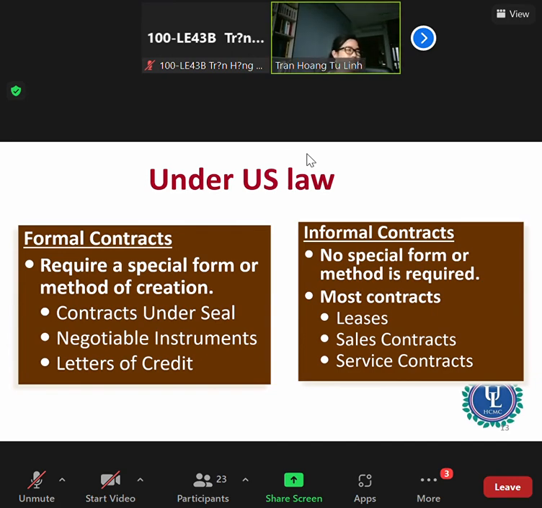Typically, businesses put their agreements in writing, but not all transactions are required to be in writing, because writing is just proof of the contract's existence should any disputes arise. Generally, what we deal with every day, like employment contracts, leases, and sales and purchase contracts, are actually informal contracts under US law, okay?